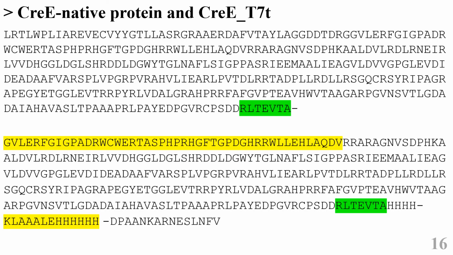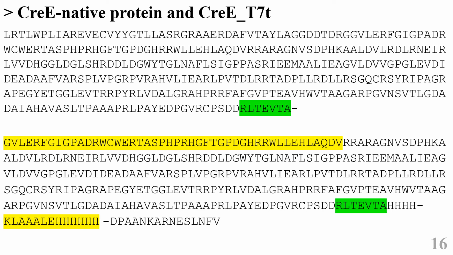Initially, when trying to amplify the gene CreE, we did not get any amplification. When we first sequenced the gene, we only sequenced one side of it, and that side matched perfectly with the native CreE DNA sequence, which suggested we had the right primer design. But after sequencing the other side of the gene, we saw that there were errors.